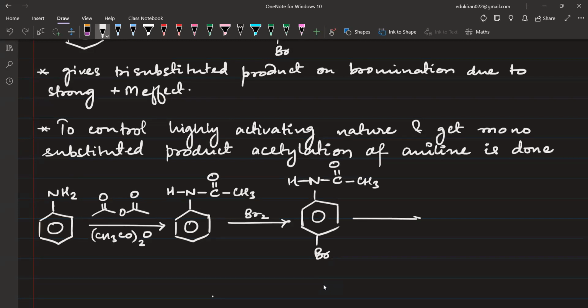You just need to hydrolyze it in the presence of acid or a base. H2O in the presence of acid or a base, you will get NH2 back and Br. ठीक है. So here you are getting a monosubstituted product.